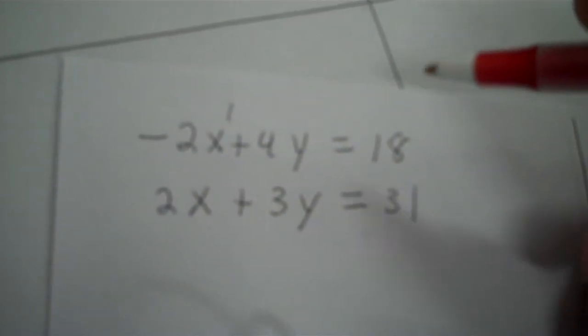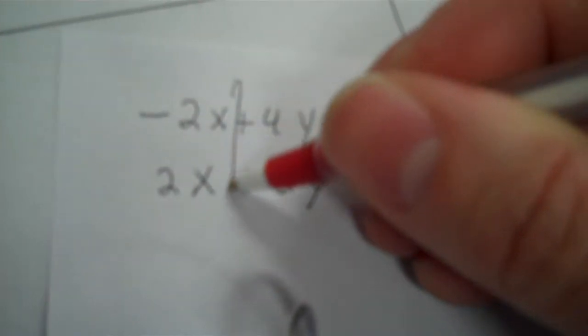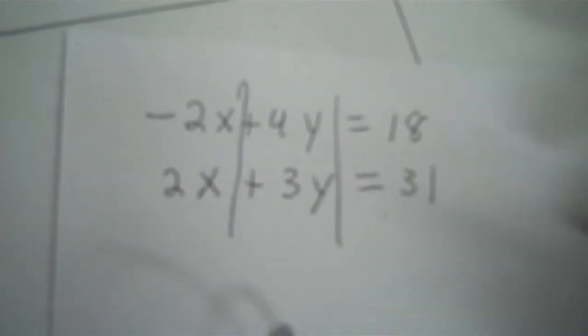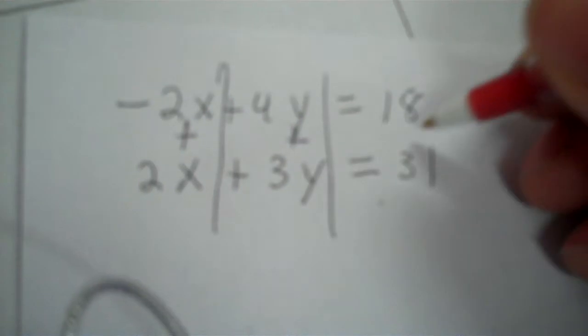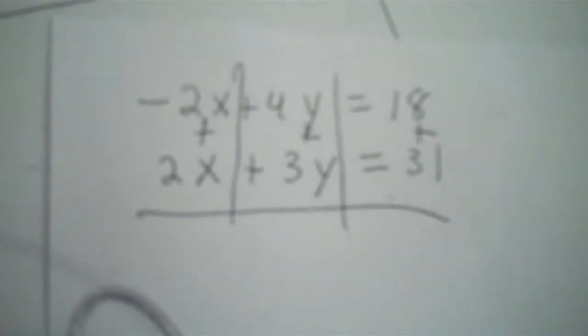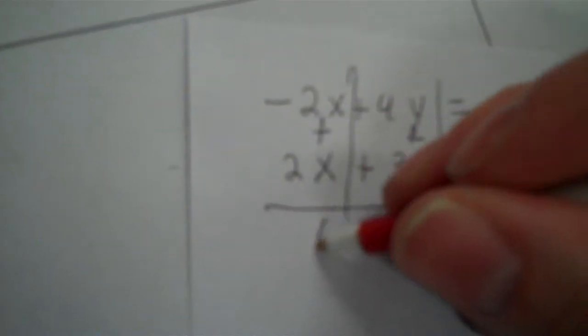Okay, next page. Again, you will not be doing your base replace. You can't. How would you even do that? You can clearly see by looking at the problem, you're not going to be able to do your base replace. So plus, plus, and plus. I take my negative 2 plus 2, and that's where I get my 0.